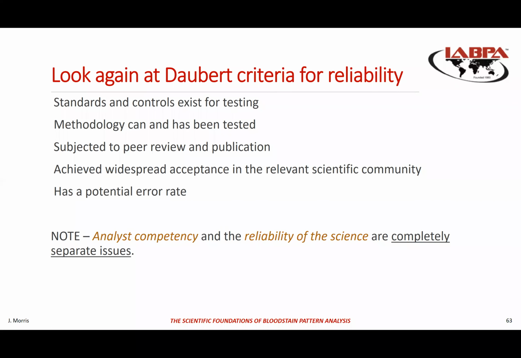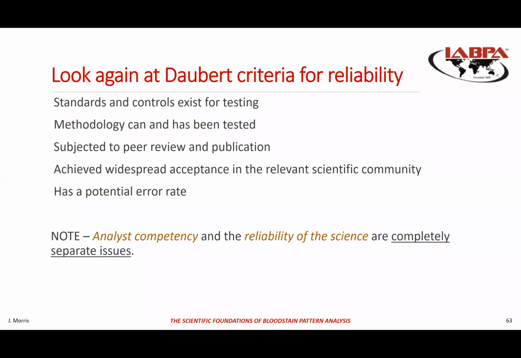If we do that root cause analysis and determine that the individual who made the conclusion was not qualified, then method reliability is off the table because the issue is with the person. They just were not qualified to do the work. So analyst competency and the reliability of the science are completely separate.